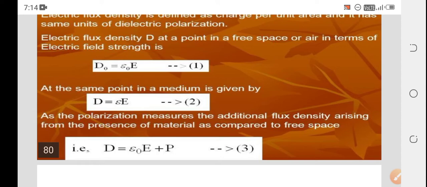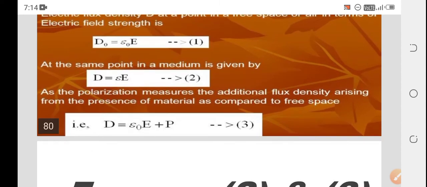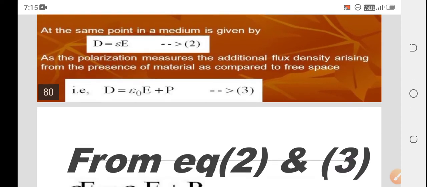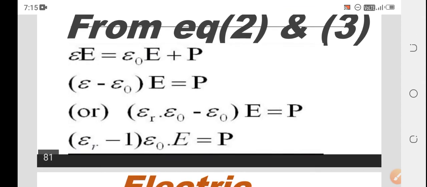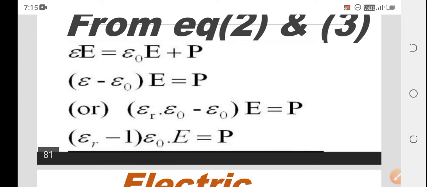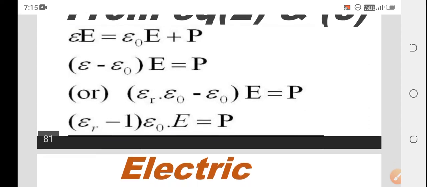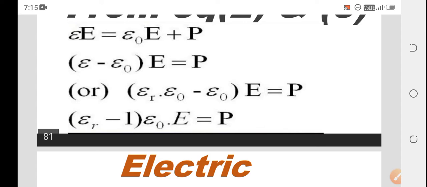From equation 1 and equation 2, as the polarization measures the additional flux density arising from the presence of material as compared to free space, we define D equal to epsilon naught E plus P. From equations 3 and 2, epsilon E is equal to epsilon naught E plus P. So E is common, and epsilon minus epsilon naught times E equal to P. What is epsilon?